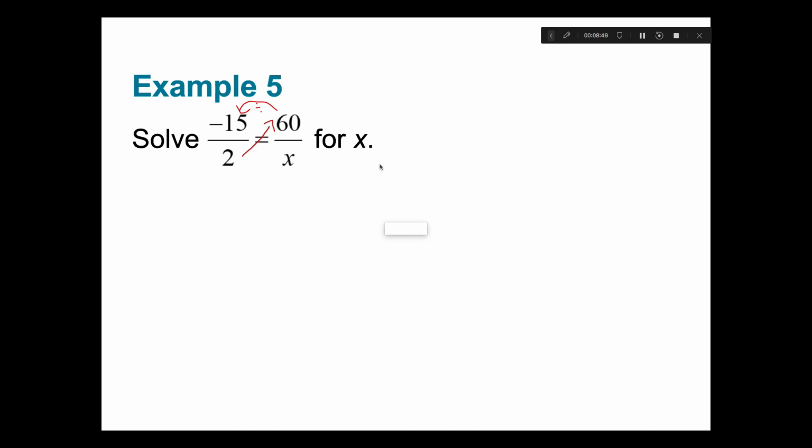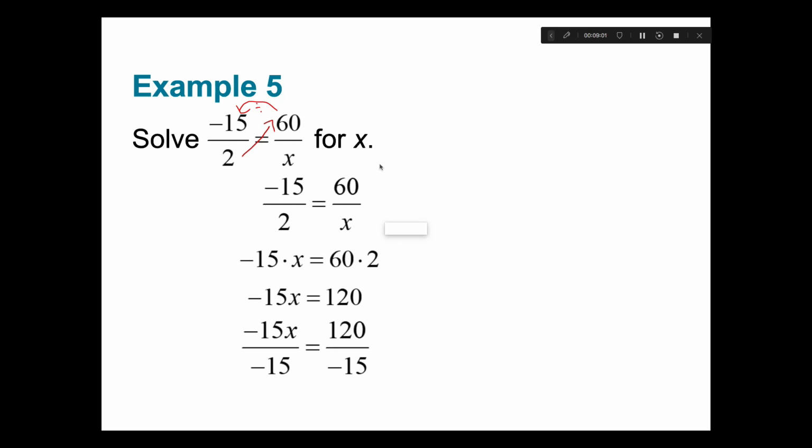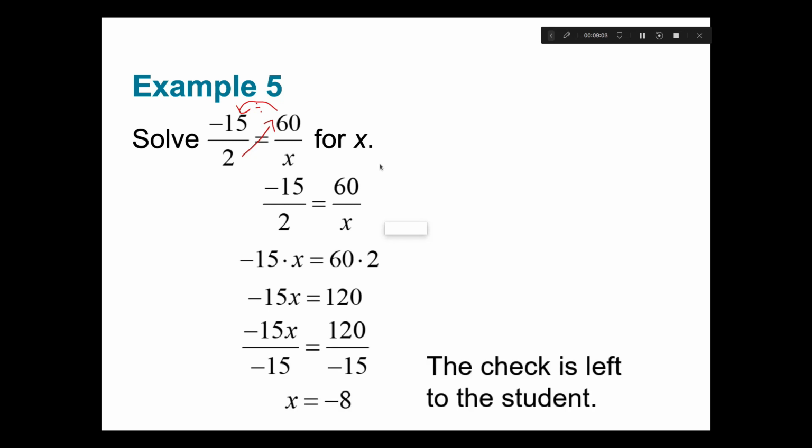So what is 2 times 60? 120. Divide by that negative 15. It becomes a negative 8. They write it out for you here step by step. They do it a little different. They end up doing the same thing eventually, right?